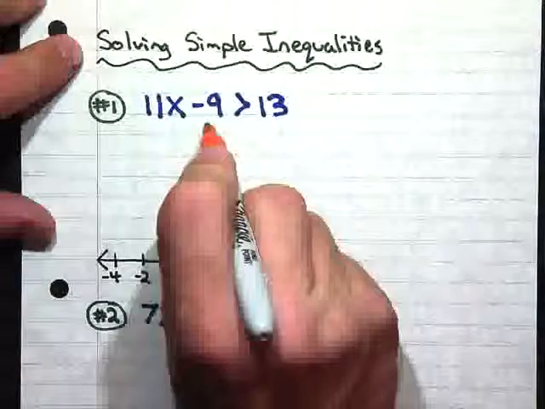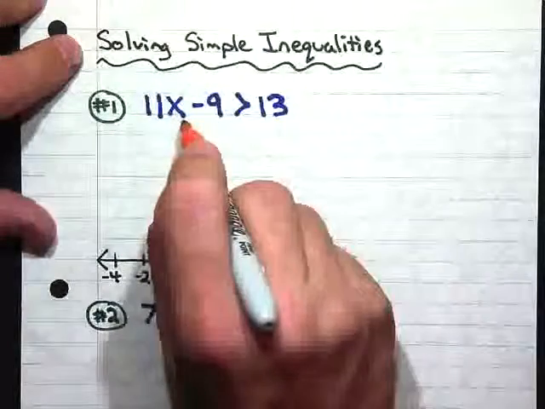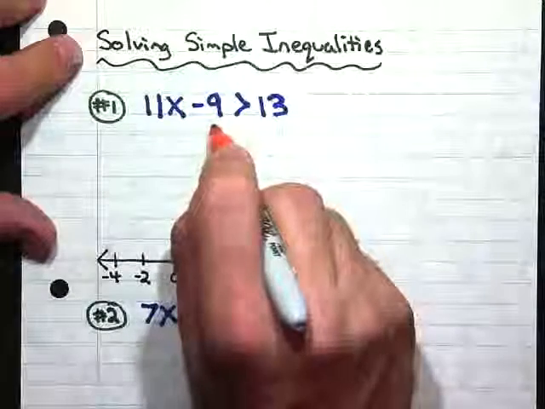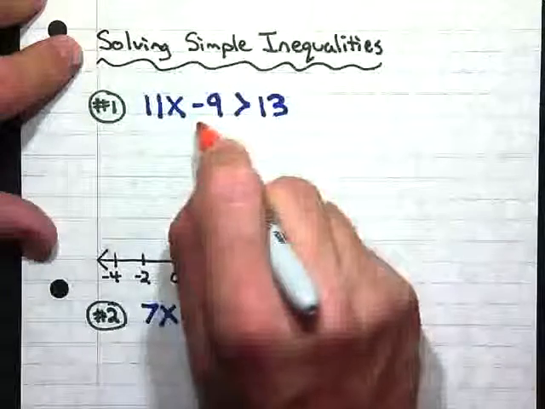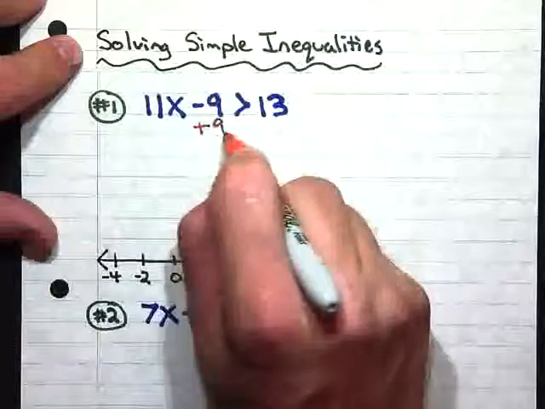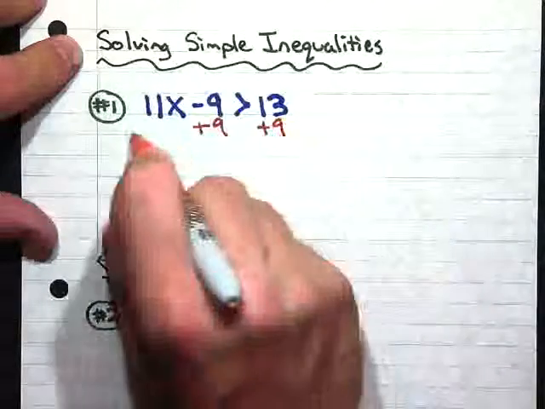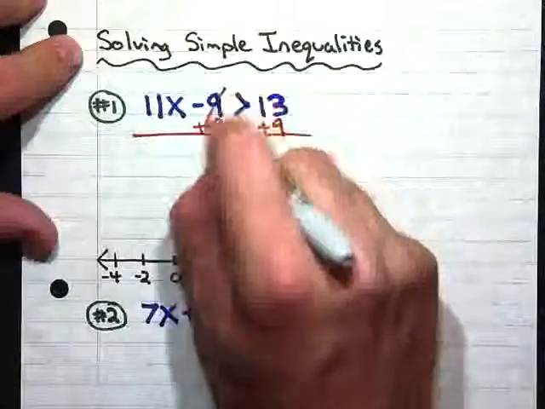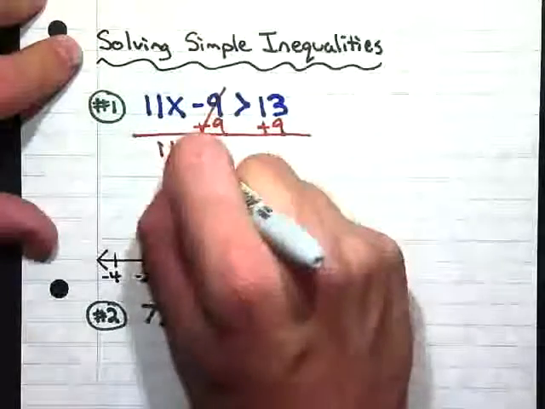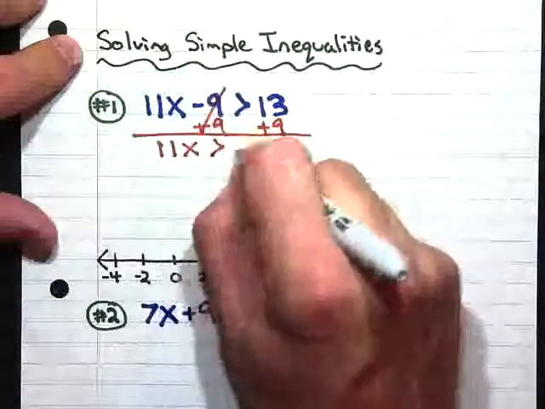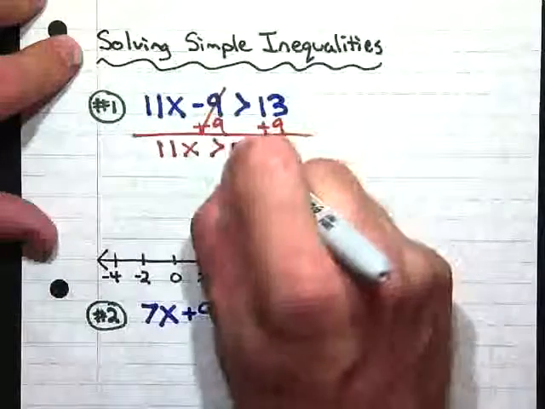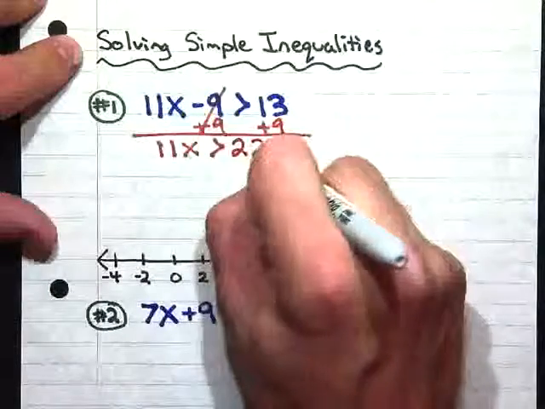So, the first thing we want to do here is solve for x. So we want to get rid of this 9. In order to get rid of the negative 9 here, we have to add 9 to both sides. And when we do that, these 9's cancel out, leaving us with 11x is greater than 13 plus 9, which is 22.